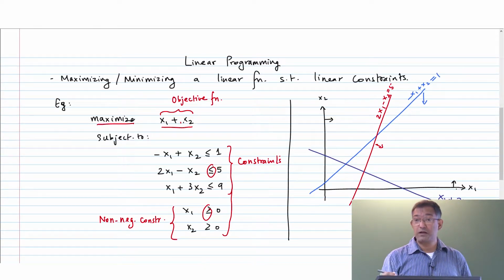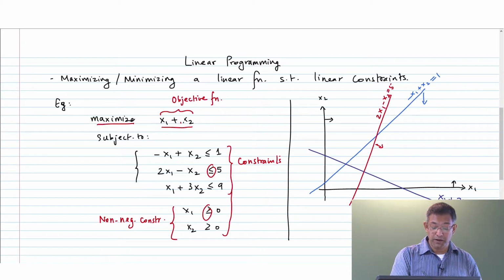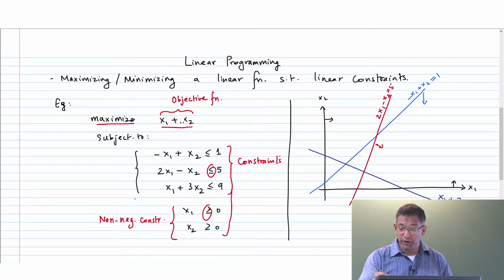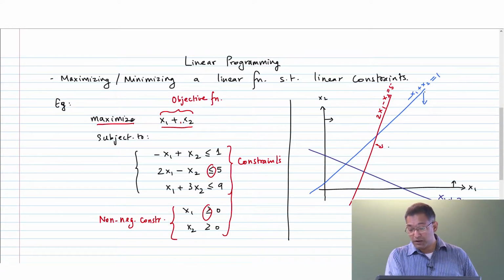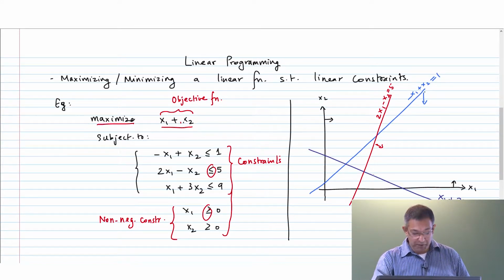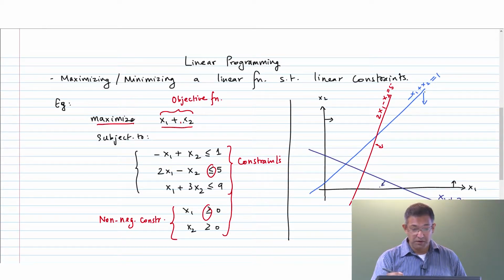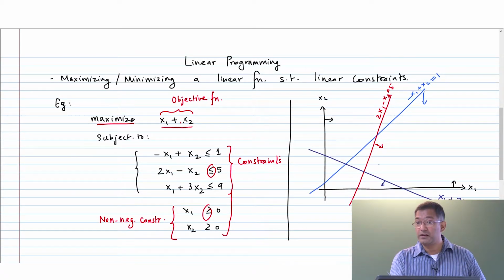The points that can satisfy what we want are points that satisfy all of these inequalities simultaneously. So, the point should lie in the blue half space, in the red half space, in the purple half space, and in the black half spaces.